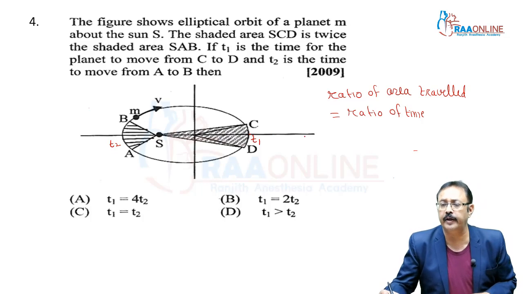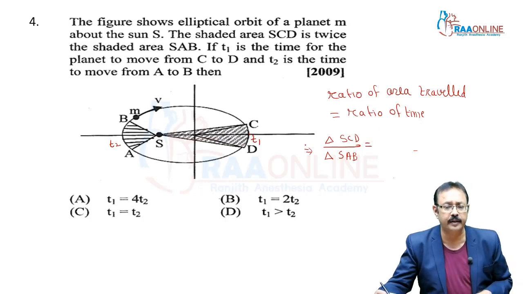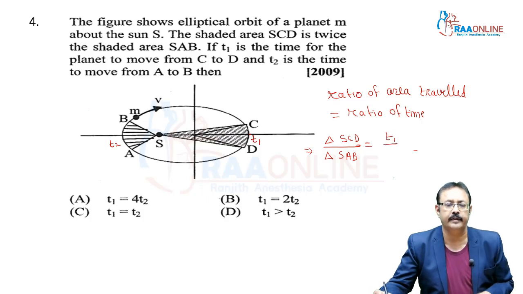So ratio of area traveled is equal to ratio of time. It means area of SCD upon area of SAB is equal to T1 upon T2. Wrongly I wrote it T2, but it was T1.